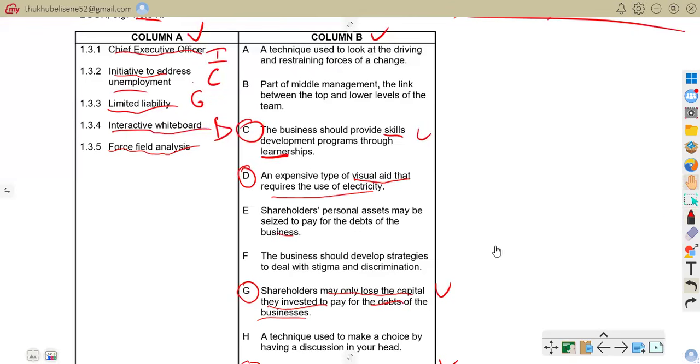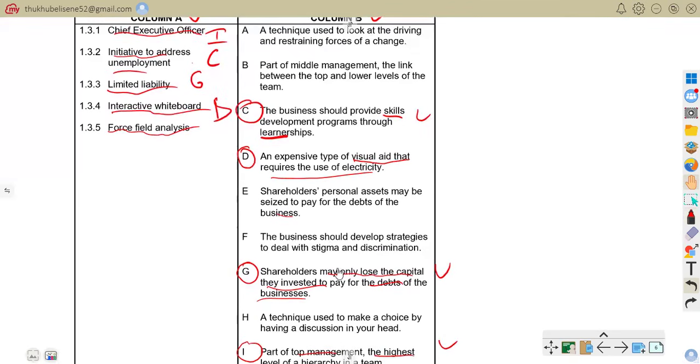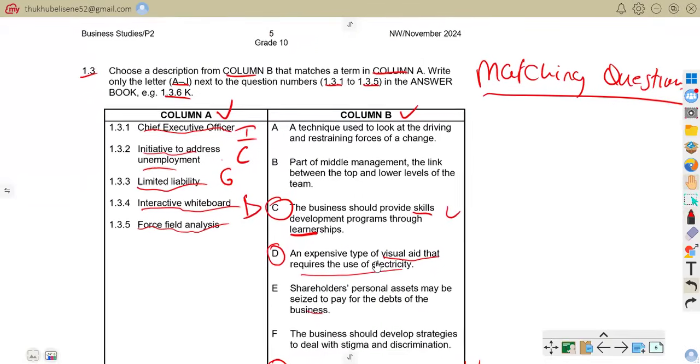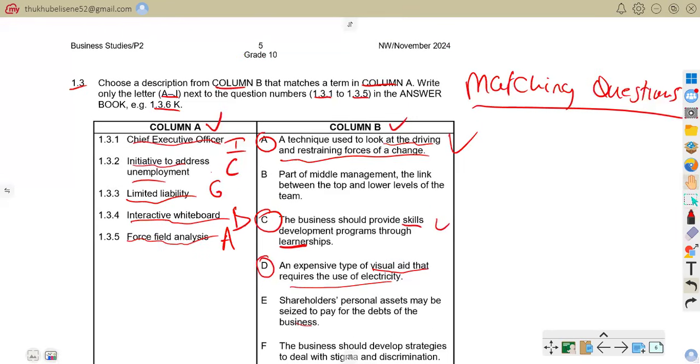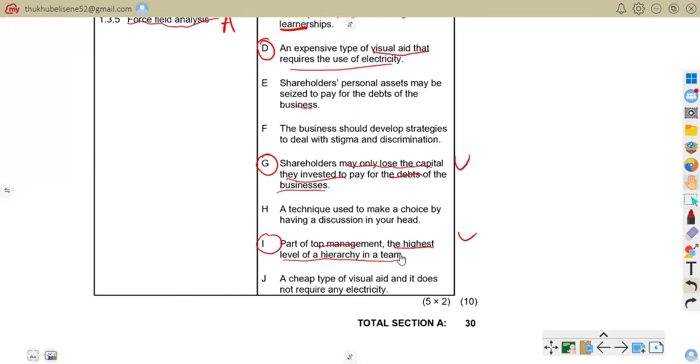The description that matches this item is A, because A says a technique used to look at driving and restraining forces. So A is the correct answer. Hope we are together with these matching questions.